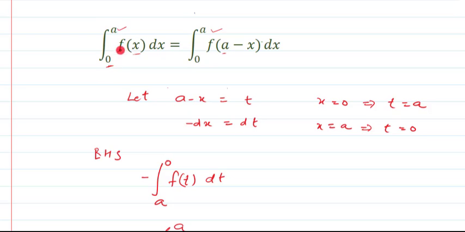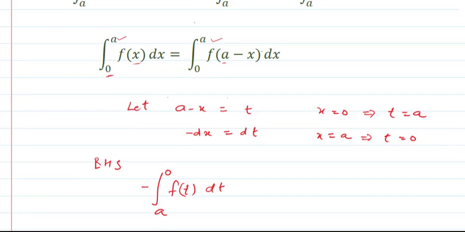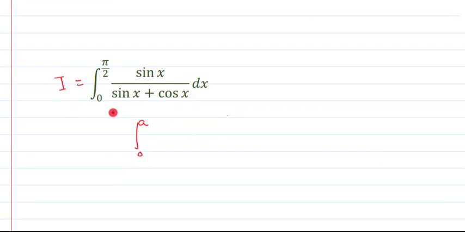So here in this question we are having 0 to pi by 2. So the lower limit is 0 and the upper limit is a, meaning pi by 2. So using the property integral 0 to a f(x) dx is equal to integral 0 to a f(a minus x) dx, let me use this property.